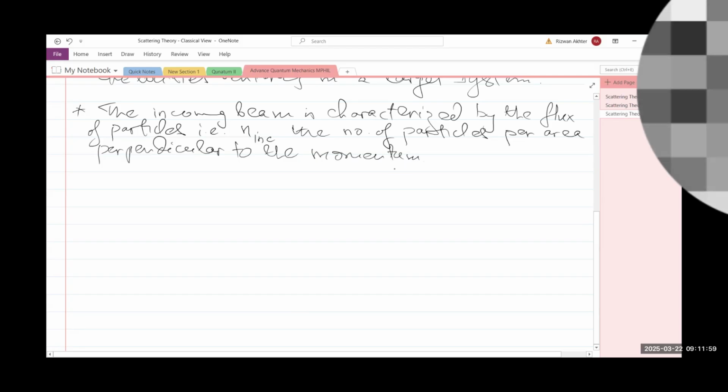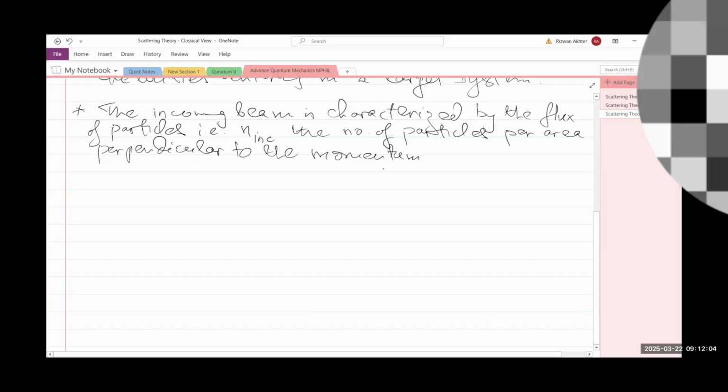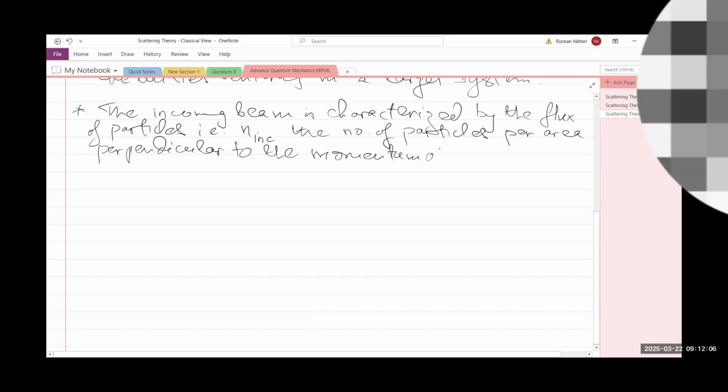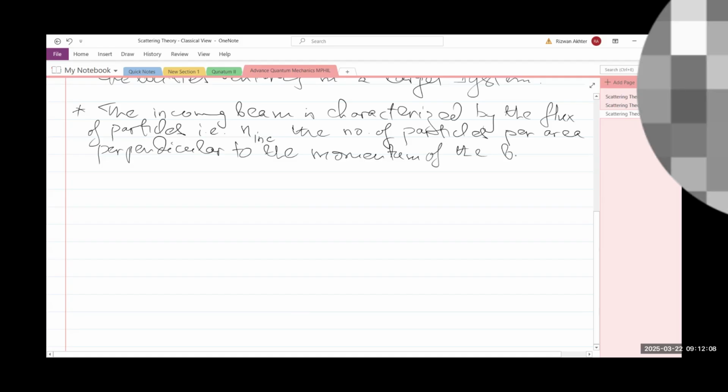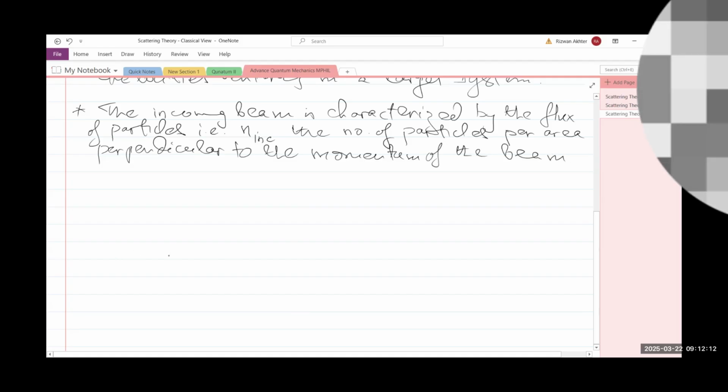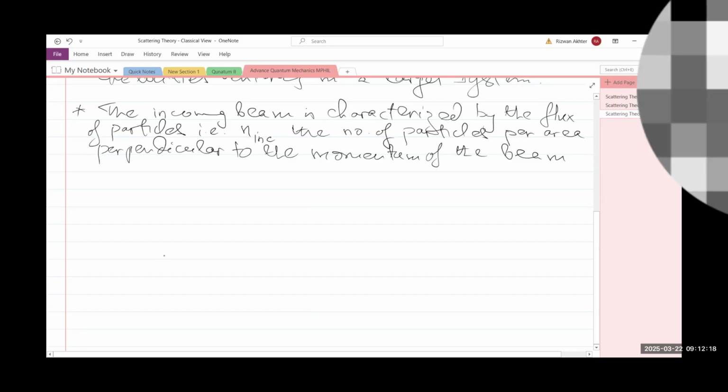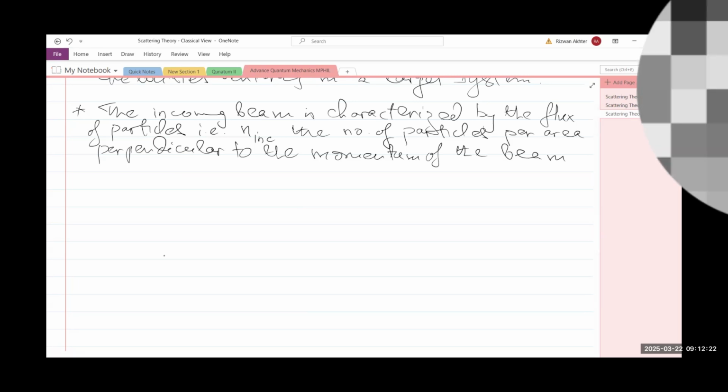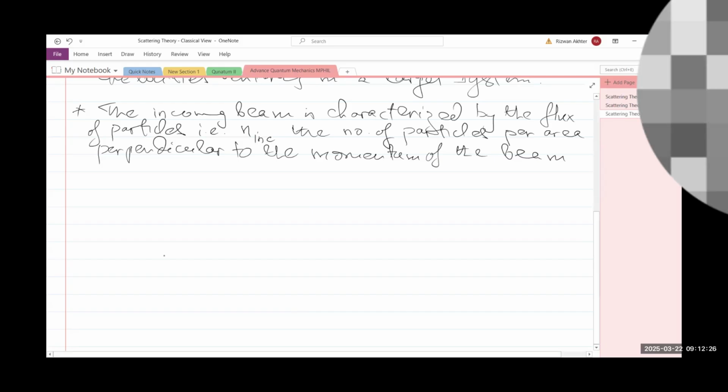We use the word momentum, indicating the direction of motion of those incoming particles, the momentum of the beam. And so this is basically N_inc. So this is the input part, that is the number of incoming particles per unit area perpendicular to the momentum of the beam or the velocity of the beam.